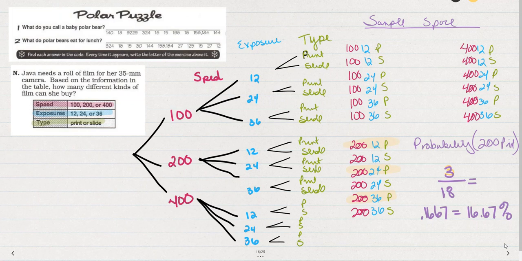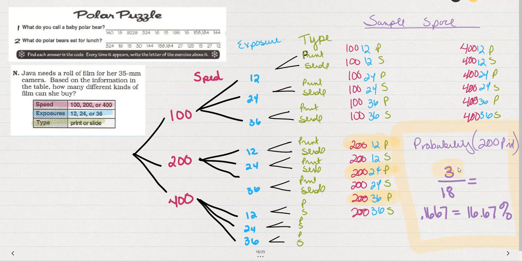Let's answer a probability question. Here it is in the bottom. What's the probability of having 200 speed film with prints? If we look at all the elements in the sample space, that's the ones that I have highlighted here: 200 speed, 12 exposures, print, 200 speed, 24 exposures, prints, 200 speed, 36 exposures, print.